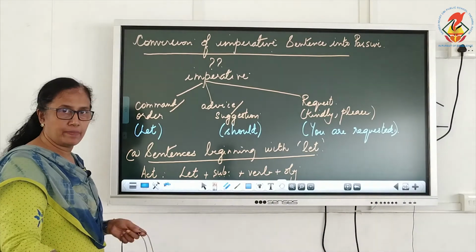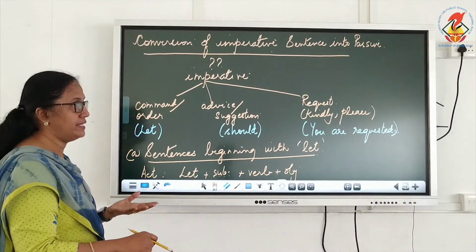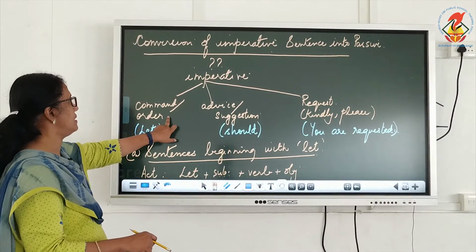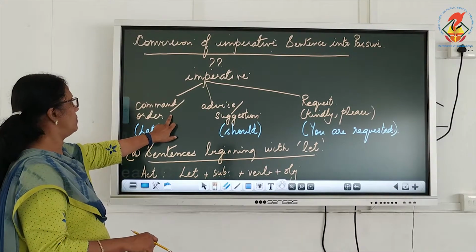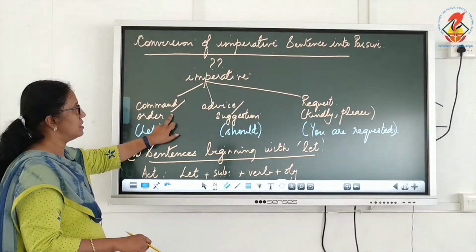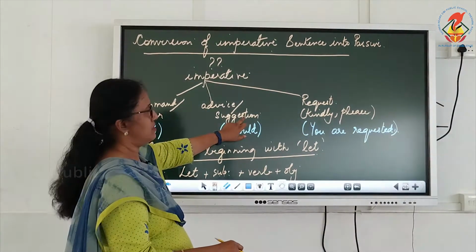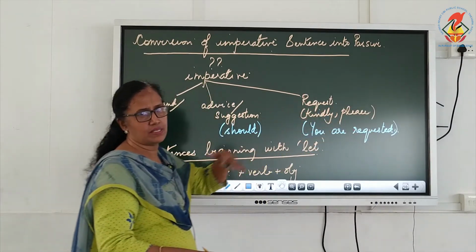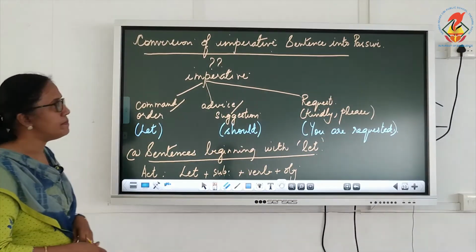Now, what are imperative sentences? We have already done this in our previous 2 lessons also. Imperative sentence is nothing but when we are talking about commands or orders, advice or suggestion, request, or forbidding somebody, and all that comes under imperative sentence.